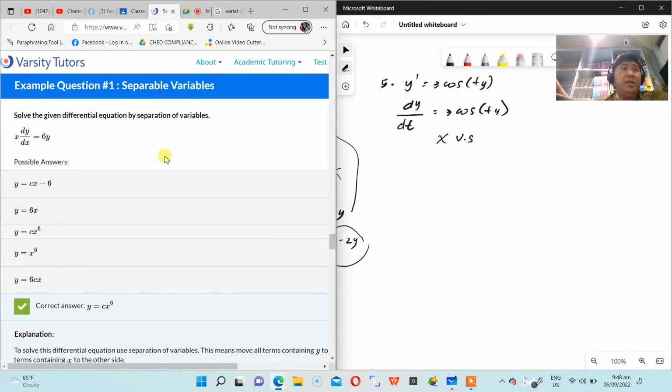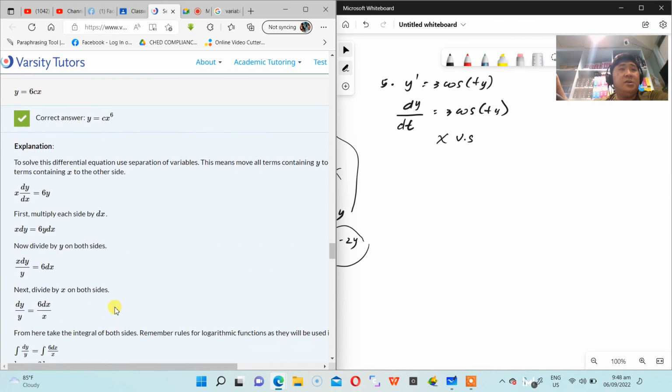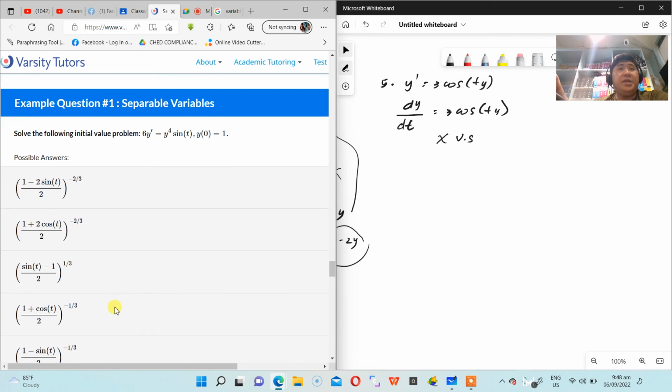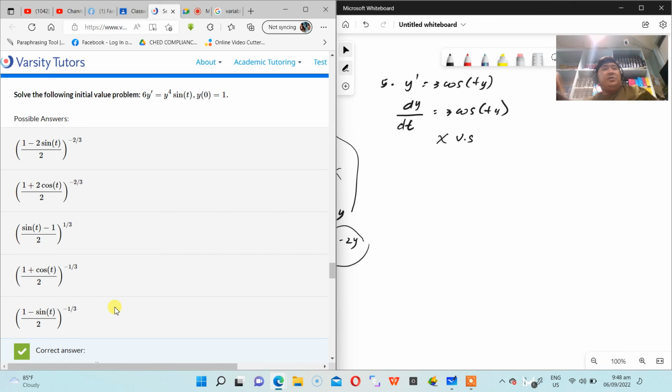So this one, the same, easy. I think we already solved this. Okay, here is the given, and you choose the answer. If you take the board exam, the questions say: solve the following initial value problem.